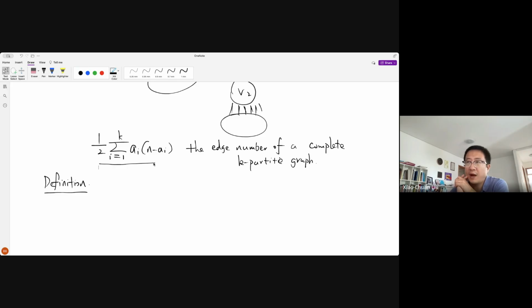If you try to maximize this, the maximum will be achieved when more or less each part has the same size. So it leads to this definition of T_k(n), which we call the Turán graph.